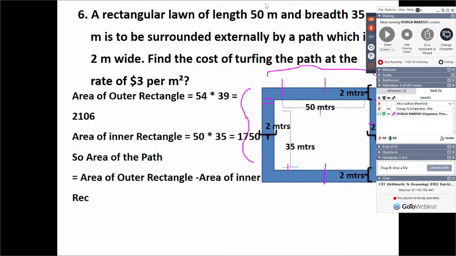Clear? But for each square meter, $3 is the cost for turfing the path.